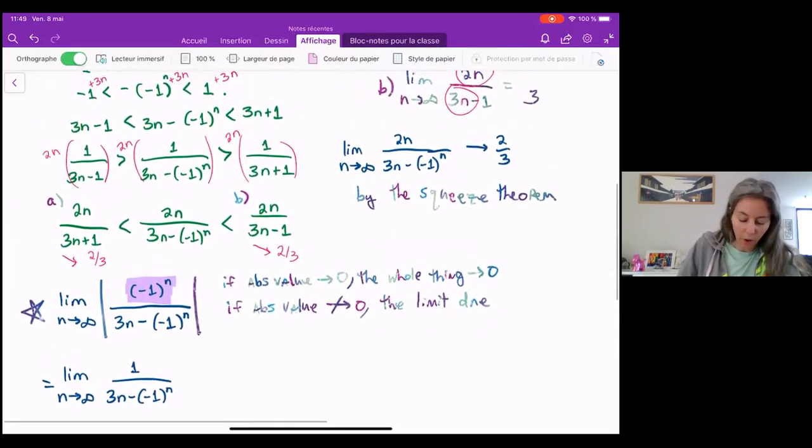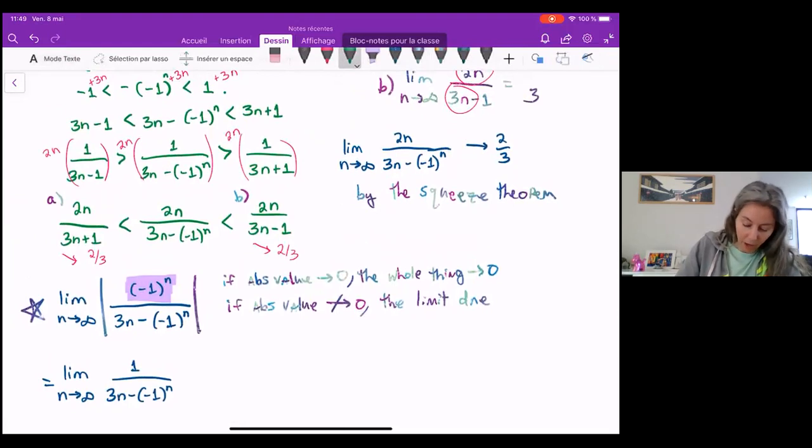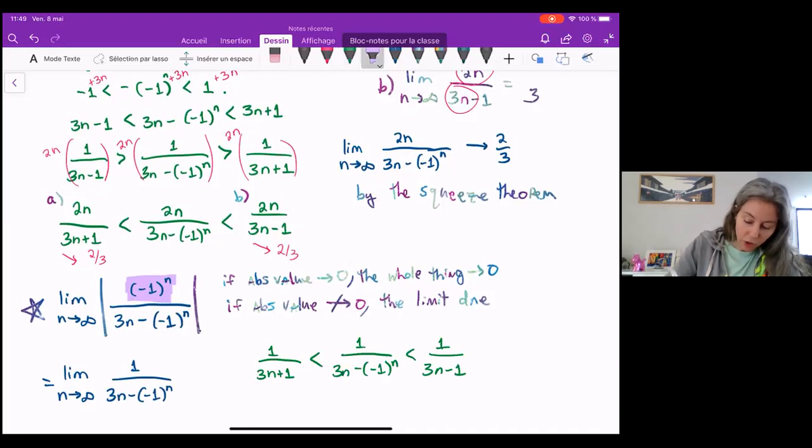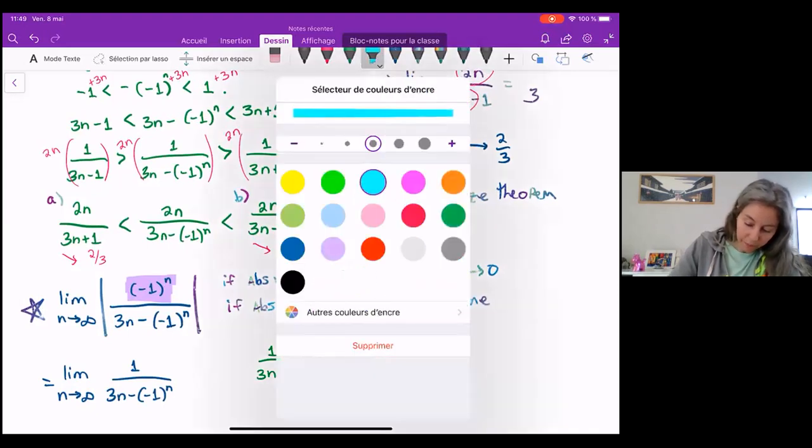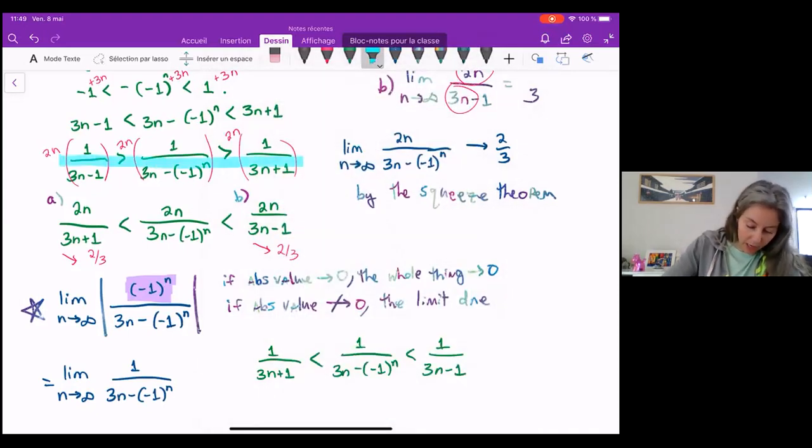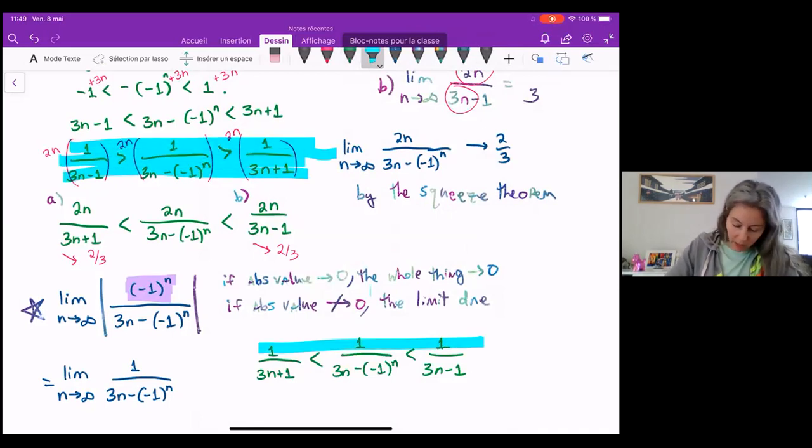So here I know that 1 over 3n plus 1 is less than 1 over 3n minus -1 to the n is less than 1 over 3n minus 1. So that's just from this line right here. So I'm just kind of repeating that line.